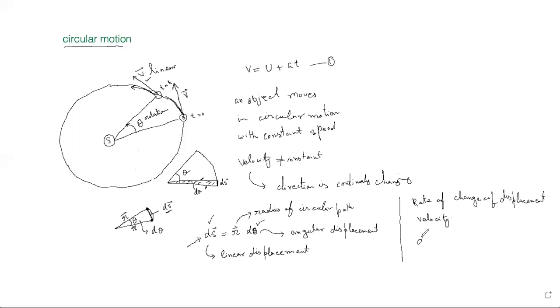We get ds over dt, the first order derivative of displacement, and this is going to be r times d theta over dt. This differential equation can also be integrated, and you can say that the linear displacement is equal to r times the angular displacement theta.